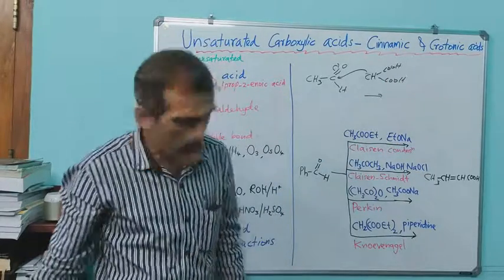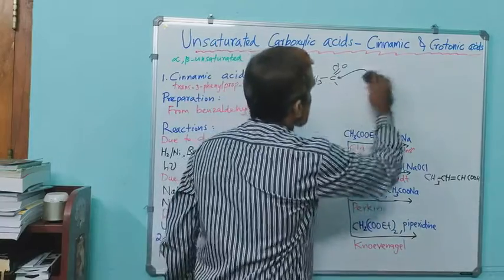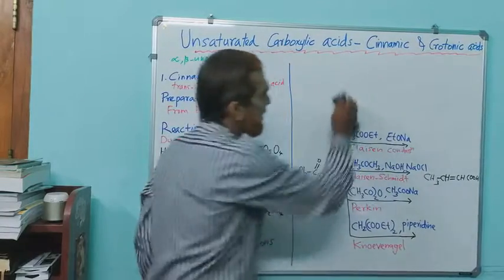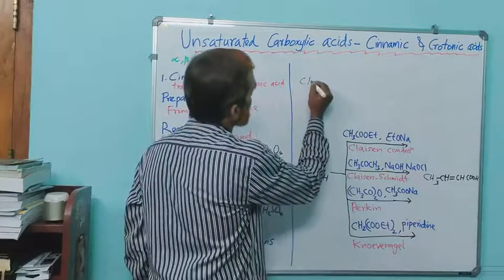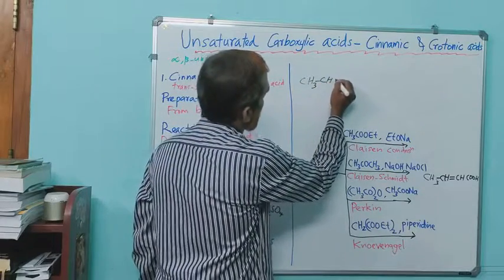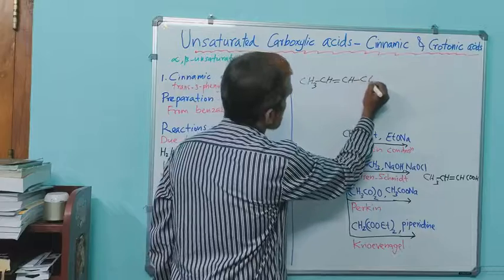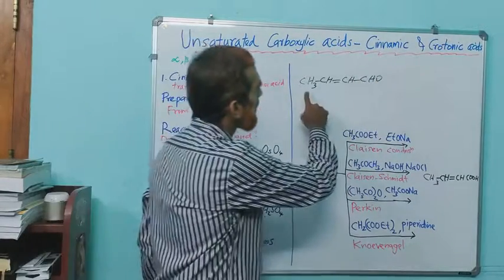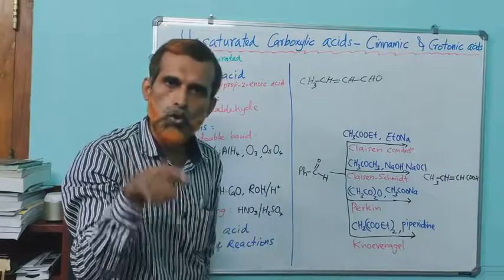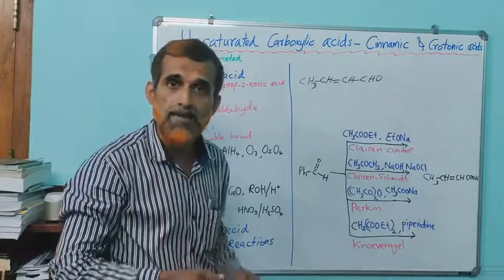Okay. Now, in addition to this method of preparing crotonic acid by Knoevenagel reaction, another simple method you can say is starting from this compound. See, what is this compound? Tell me, what is this compound? This is not crotonic acid but crotonaldehyde.